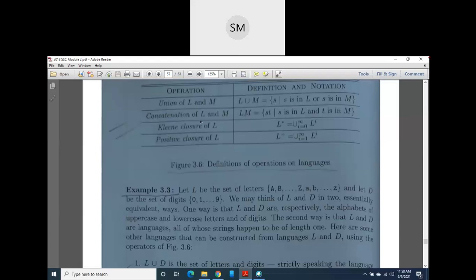Similarly, concatenation of L and M, I already told you what it gives us. L is a language, M is a language, and if there is no symbol between them, you should understand that it is a concatenation of two languages. What does it give us?